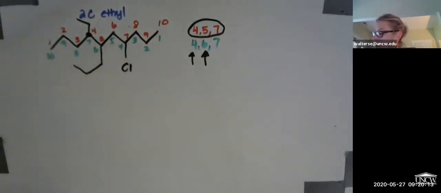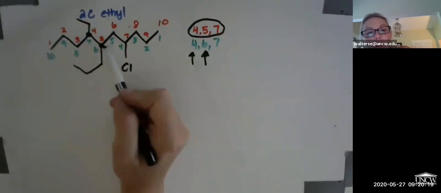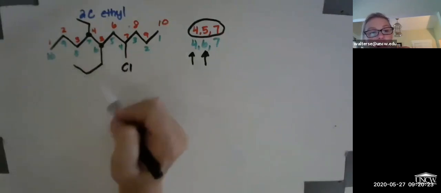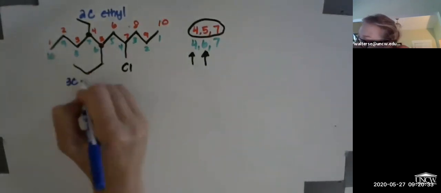And again, this carbon that's going to be a black dot, that one is in the parent. So you can't double count them. They're either in the parent chain or in the branch coming off. So on the next carbon, 1, 2, 3. So 3 carbons is prop, so propyl.